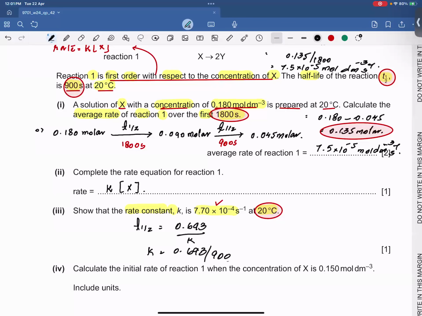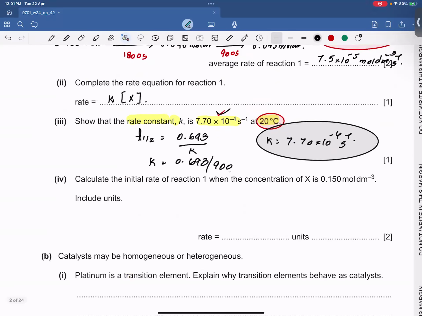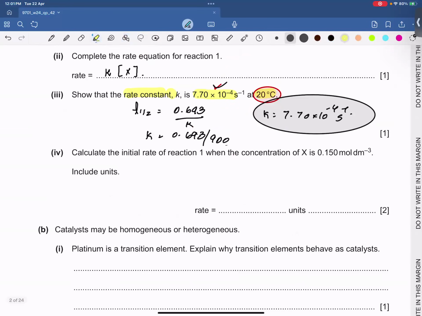T half is 900, so K is going to be 0.693 divided by 900, because at 20 degrees Celsius the half-life is 900 seconds. That gives 7.70 into 10 to the power minus 4 second inverse. So that's the value we are looking for, the right answer. You guys have to be very, very careful. You need to read the question very carefully.